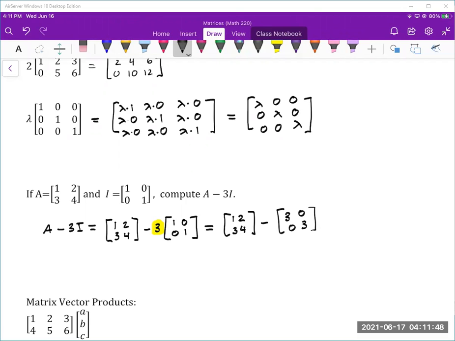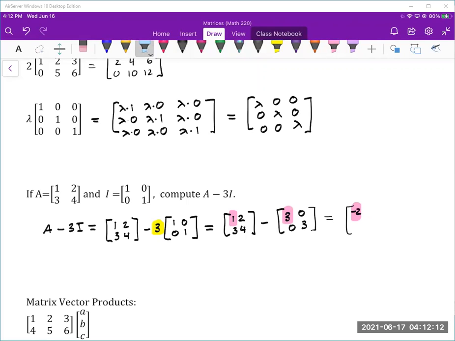And now, since we have one matrix minus a second matrix, we can just do it term by term. So to get this entry, we're going to calculate 1 minus 3, which gives us negative 2.